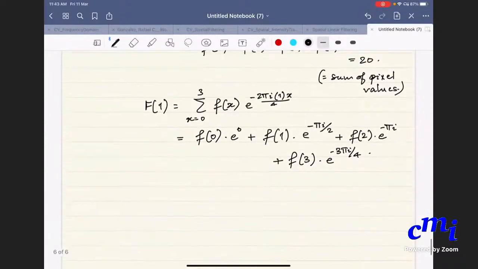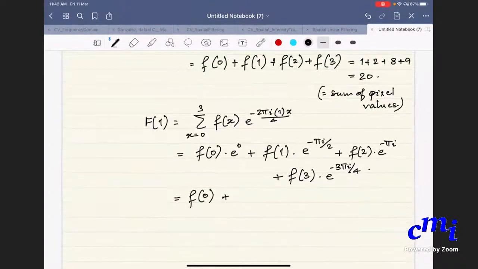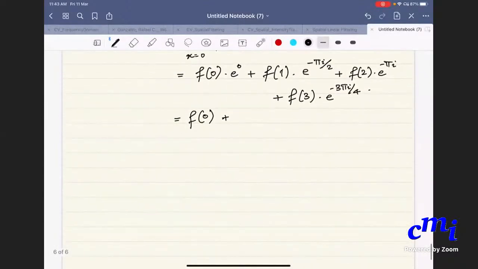If you compute these values, this is just f0, e raised to 0 is 1, plus f1 was 2, so 2 times e raised to minus pi i by 2, you can check that is minus i, plus 8 times e raised to minus pi i, which is minus 1.